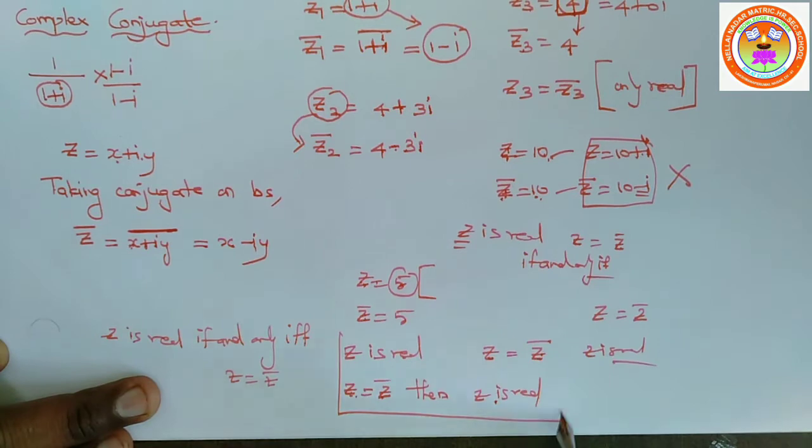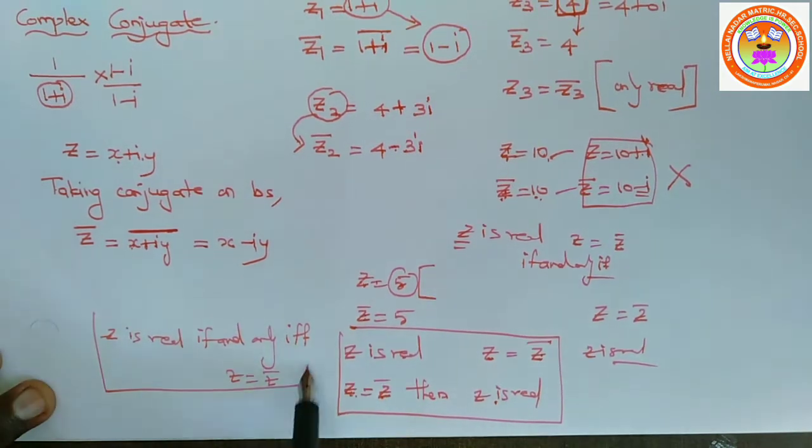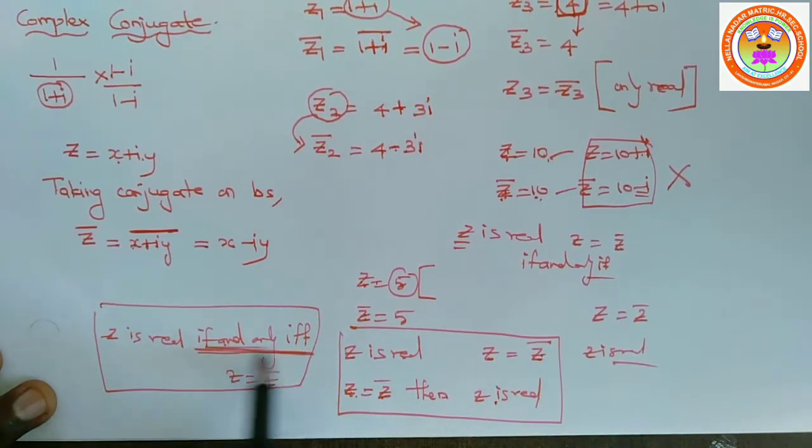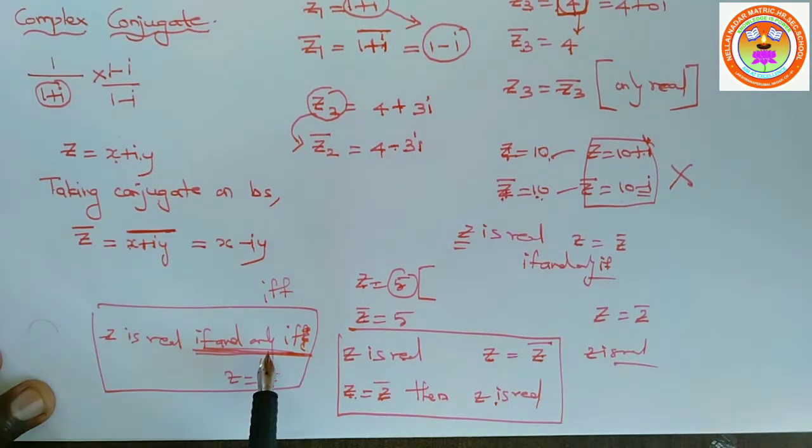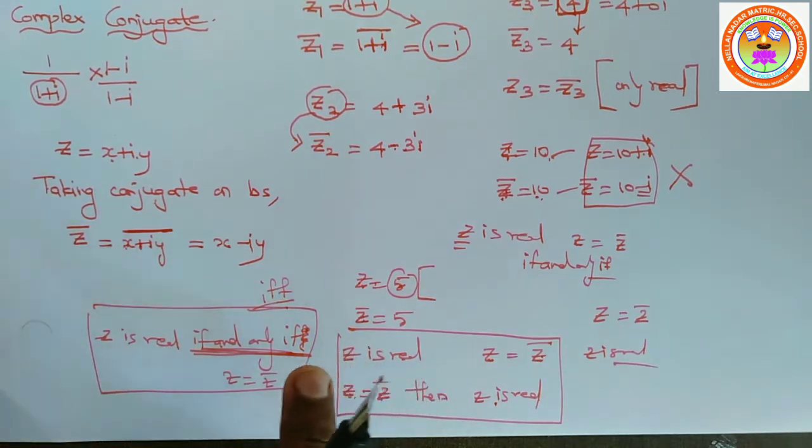Instead of writing two lines, we can write in one line using if and only if. Otherwise I can use iff. These are the main things you need to learn.